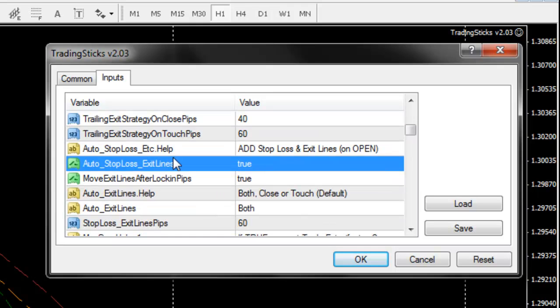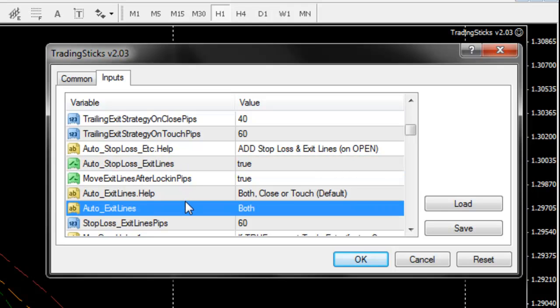Now the next question, which I always leave as true, is do we want our stop loss and exit strategy lines automatically to be added by TradingSticks when the trade opens and is triggered? I always think that's a good idea, saves you having to worry about running a trade without a stop loss.